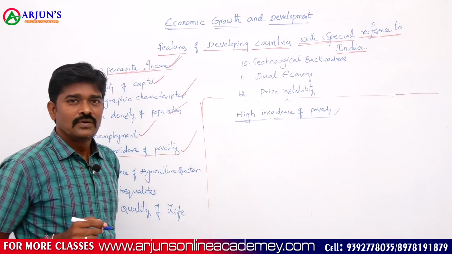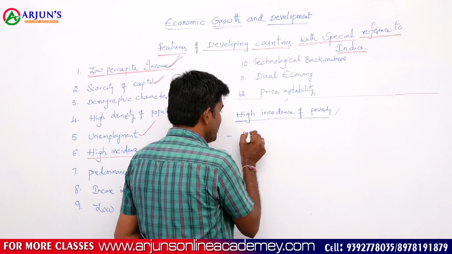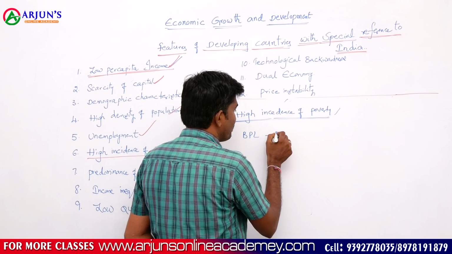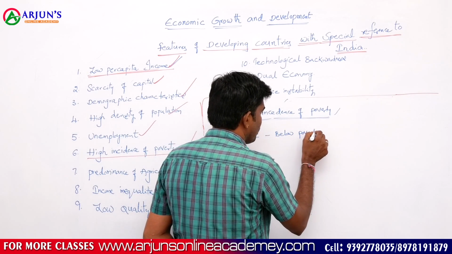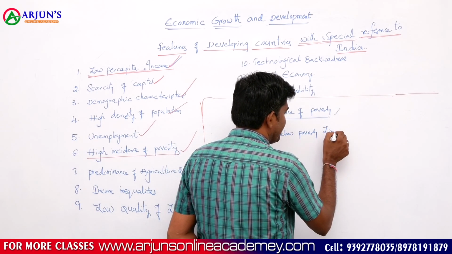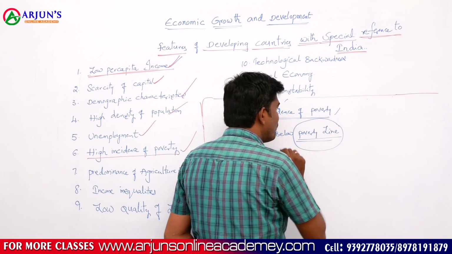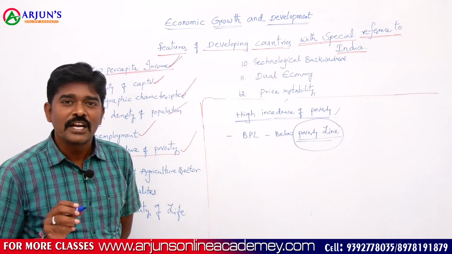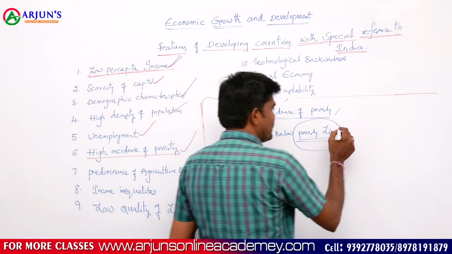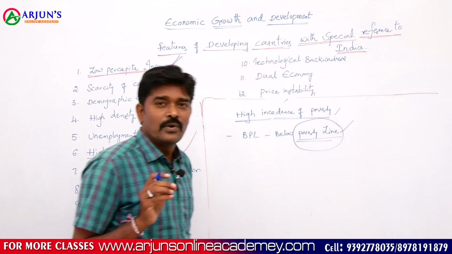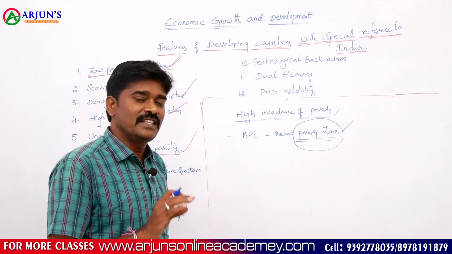What we observe is that poverty means the majority of the people are in the BPL category, below poverty line. What is the poverty line? It is a line of the minimum money people need to satisfy their minimum needs. That means the poverty line is the level at which people are able to spend some expenditure to satisfy their wants.